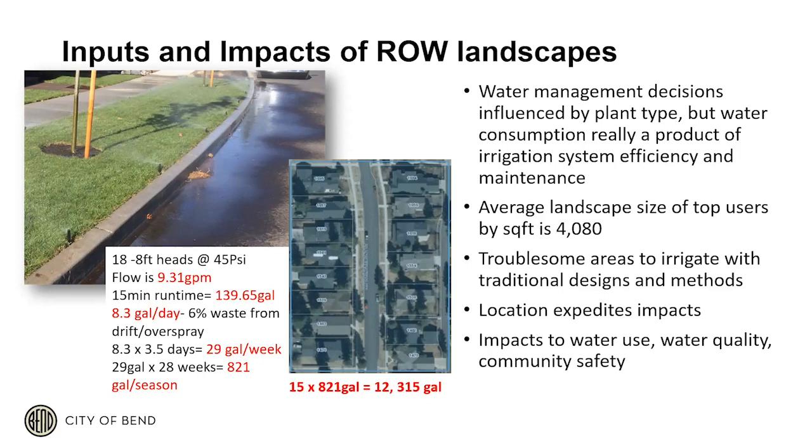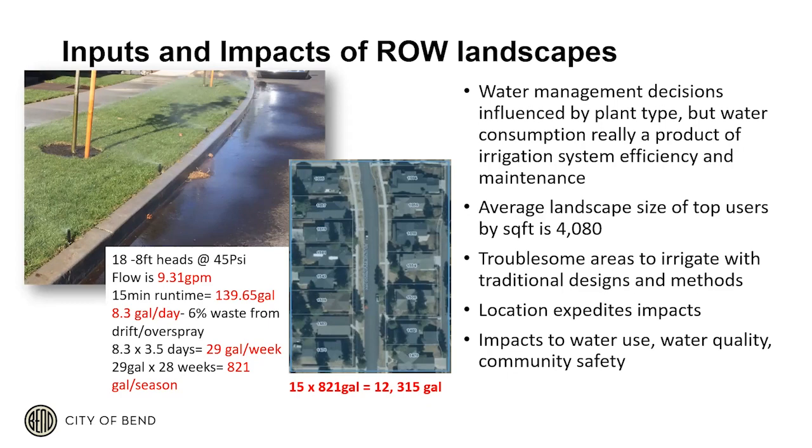If you extrapolate that out through a neighborhood, it's a substantial amount of water, up to 12,000 gallons in this example of 15 homes that's going down the storm drain. So that's washing debris, costing more maintenance for our Vector trucks to go out and clean out these dry wells, as well as impacting water quality with these dry flows.